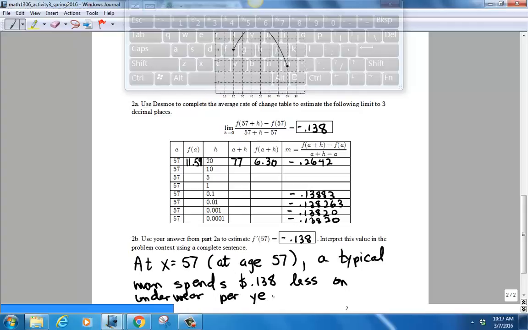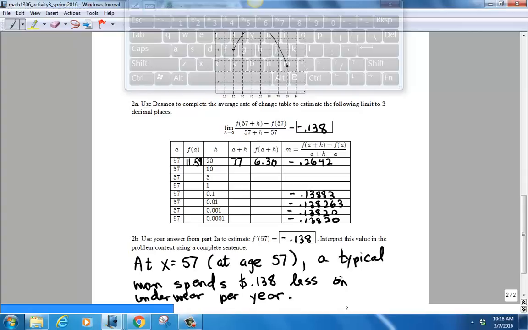Don't say on average here, because this is an instantaneous rate of change. So you don't have to say on average from some age to some other age. You would just say at this particular age, at exactly age 57, a typical guy spends this much less, it's less because it's negative, on underwear per year.